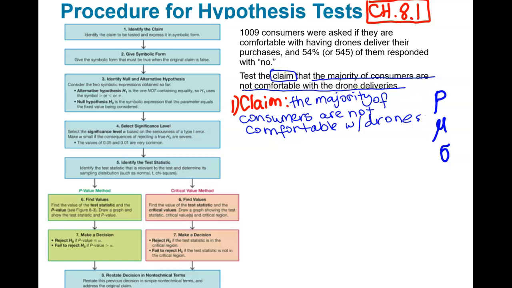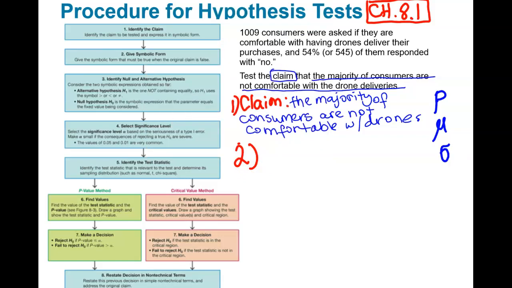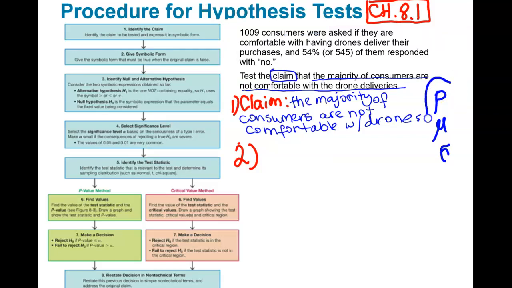Step 2. Now we want to write the claim in symbolic form. Symbolic form would be, we're looking at these three parameters and identifying which one of the three we are testing. Are we testing population proportion, population mean, or population standard deviation?